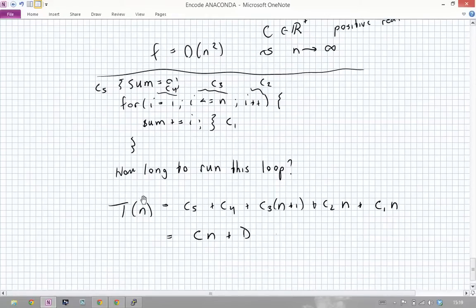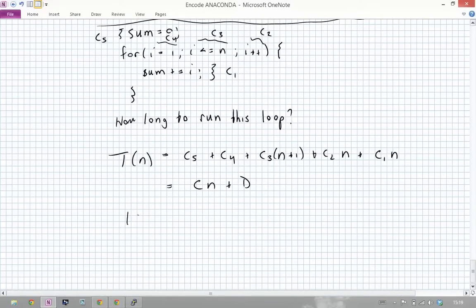If we take the absolute value of T(n), that's clearly less than or equal to, say, c plus d times n. Agreed? And so we can say that T(n) is big O of what? Of n.